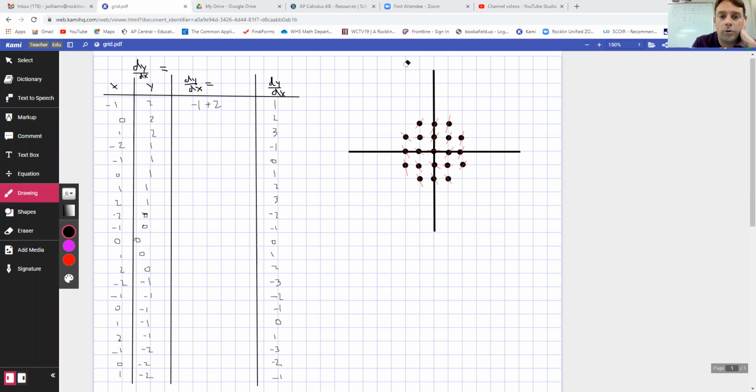You guys are going to try 2x over y. Go ahead and pause the video and see if you can actually do this real quick, and then we will come back and take a look at it.